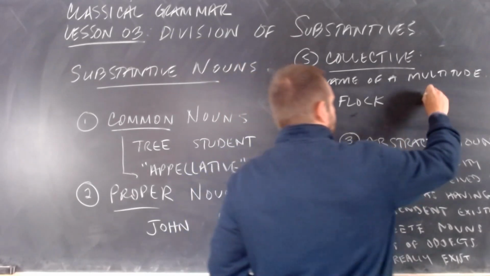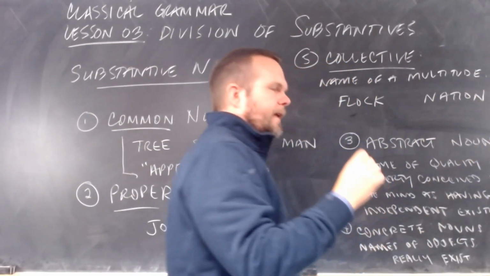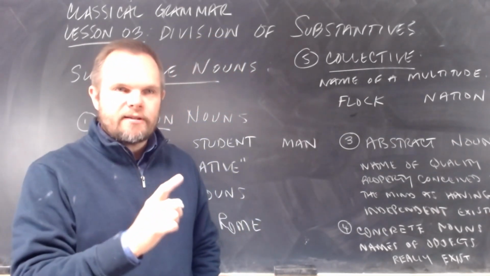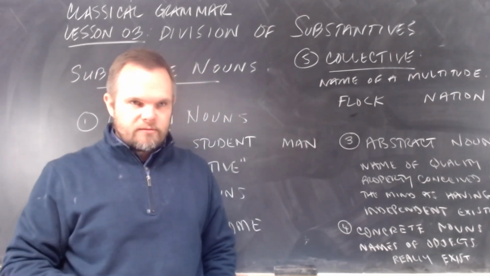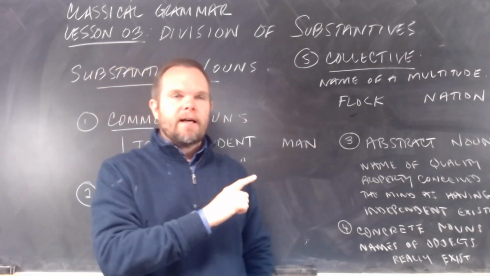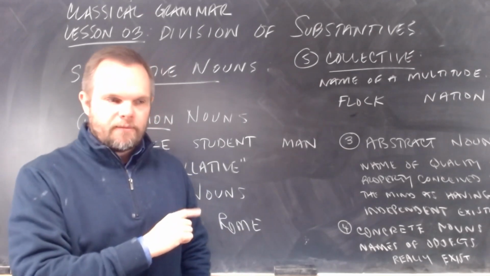A nation. Is the noun nation singular or plural? It's singular, even though it refers to a multitude of people. It's a singular noun because it's a collective noun. It refers to a multitude. Okay?